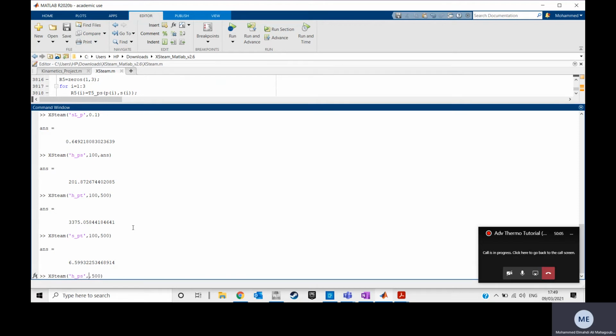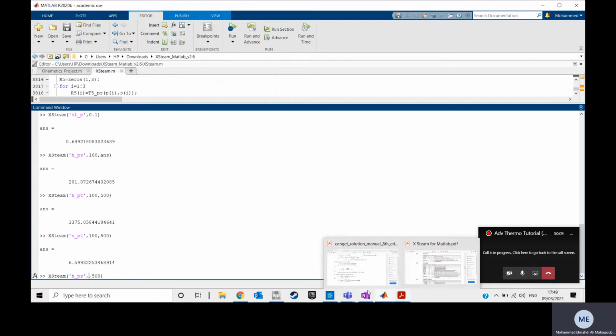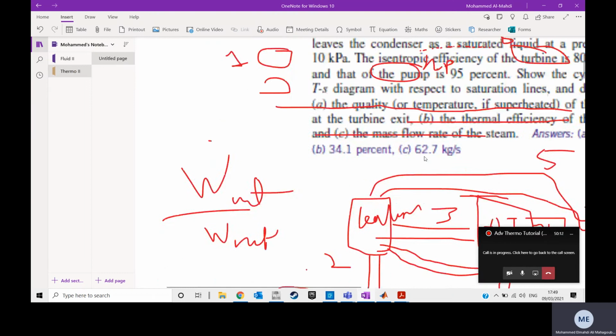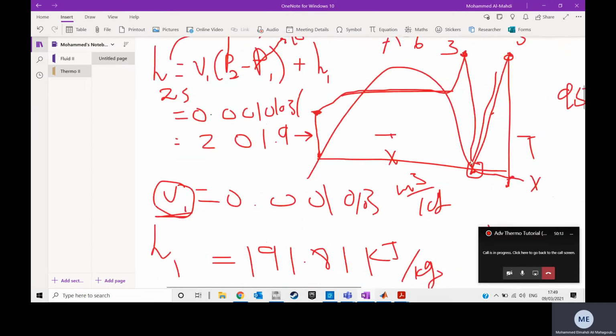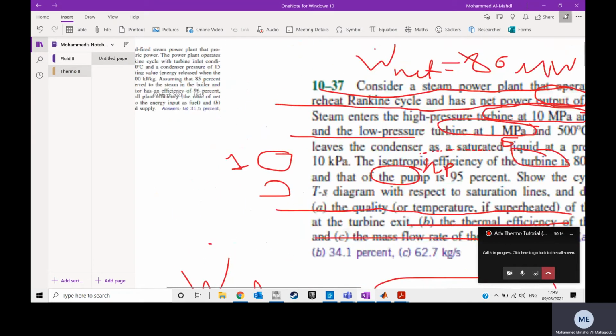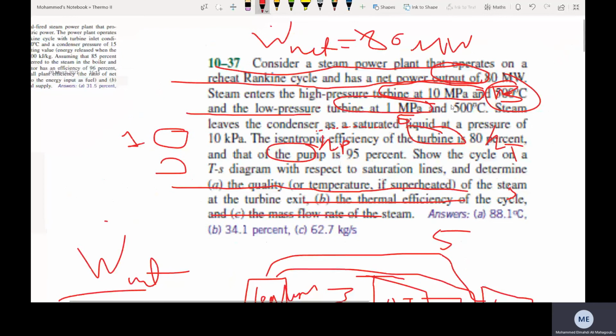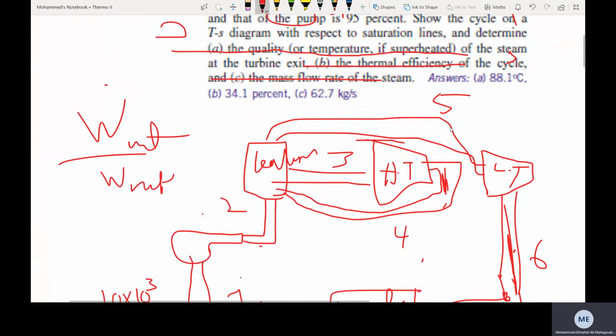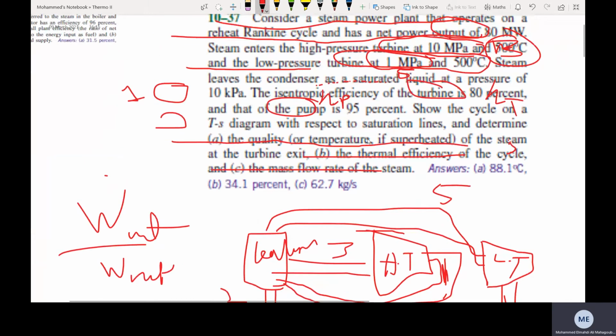And what is the intermediate pressure there? When I go down to point 4, what is the intermediate pressure? You remember I told you that you work on 3 pressures here. He told me the intermediate pressure: it enters the low pressure turbine at 1 megapascal and 500 Celsius. So this is the intermediate pressure.